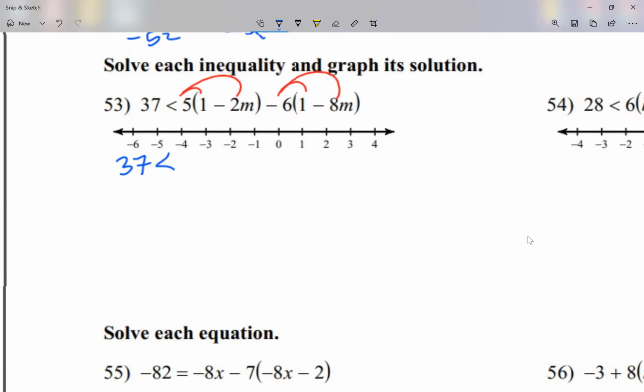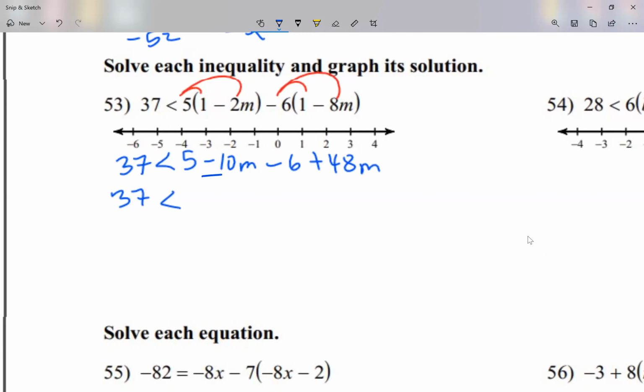Once I multiply the 5 to the inside, that's going to give me 5 minus 10m. Then let me multiply the -6. So -6 plus 48m. Right? Negative times a negative is positive. There's my inequality sign. On the left side, I just have a 37, so nothing I can do.